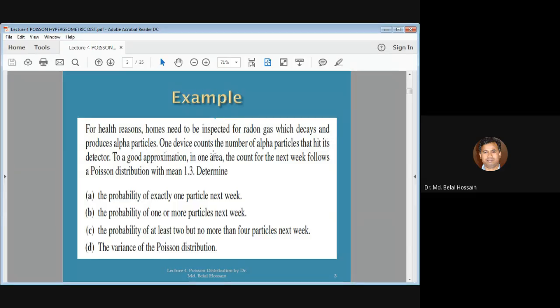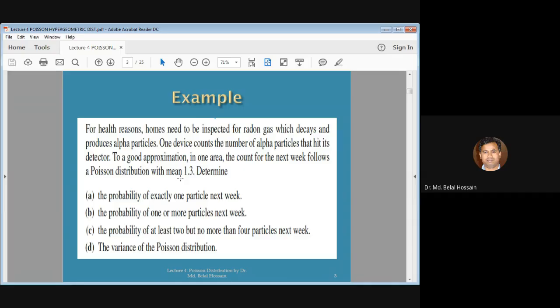One device counts the number of alpha particles that hit its detector. To a good approximation in one area, the count for the next week follows a Poisson distribution with a mean of 1.3. So this is the lambda, because this is the mean.